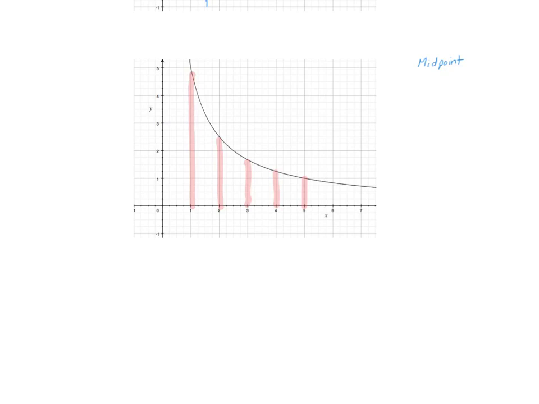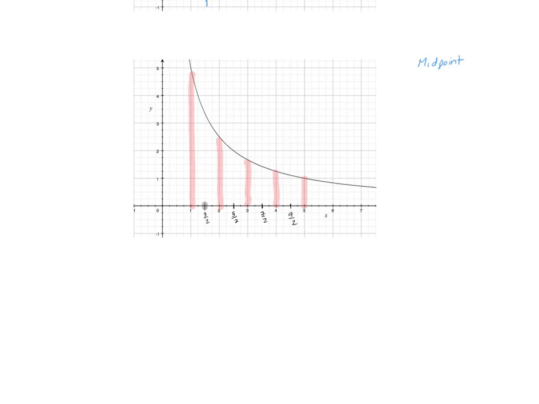I'm going to be using a midpoint. So this is the point 3/2 or 1.5. And then I'm going to be using a midpoint between 2 and 3 of 5/2. And then between 3 and 4, 7/2, and then between 4 and 5 we'll have 9/2.